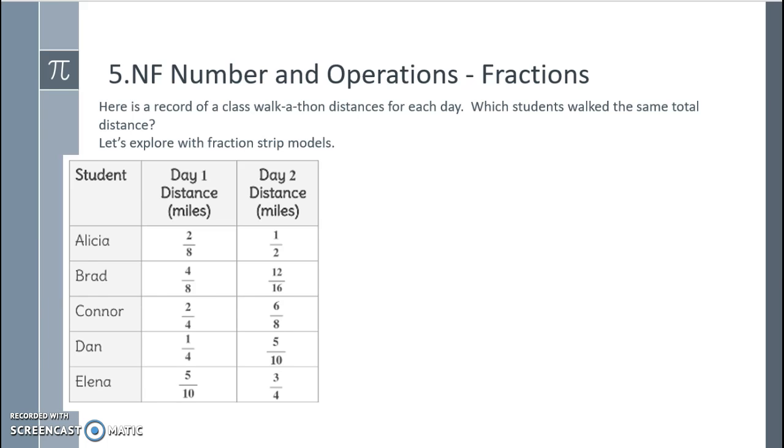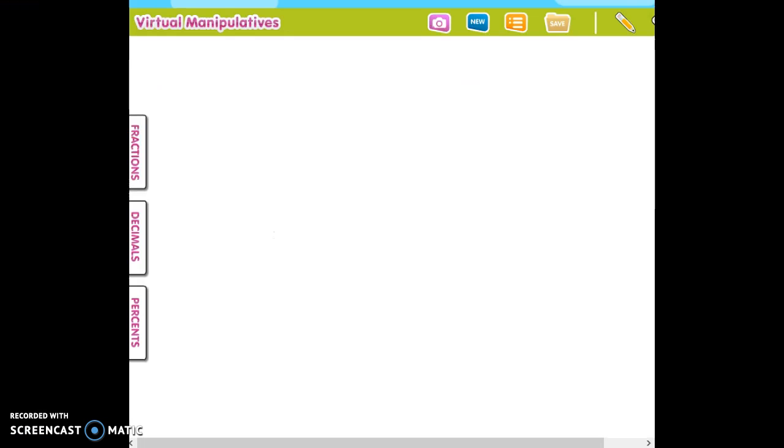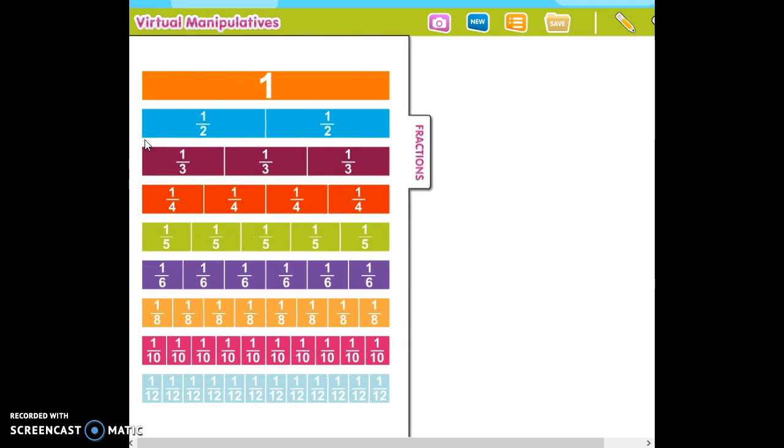So I'm going to pull up a fraction strip virtual manipulative, and there are fraction strips that you can print and color on your own in our manipulative folder too if you'd like to have something tangible. Using one of the virtual manipulatives, I have the option of using fraction tiles, decimal tiles, or percentiles. So we're going to use the fraction tiles for now.